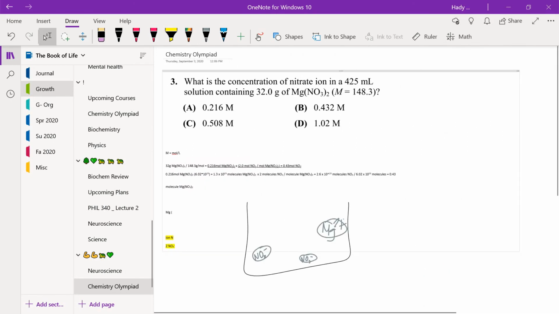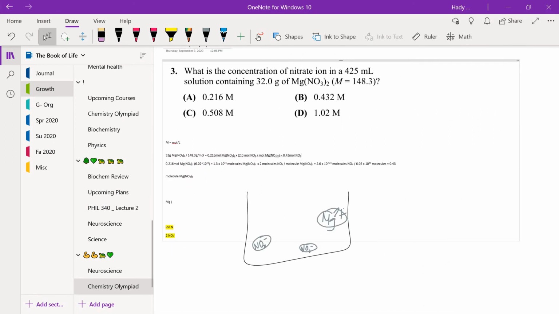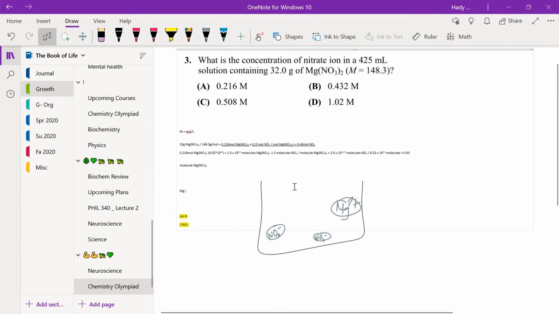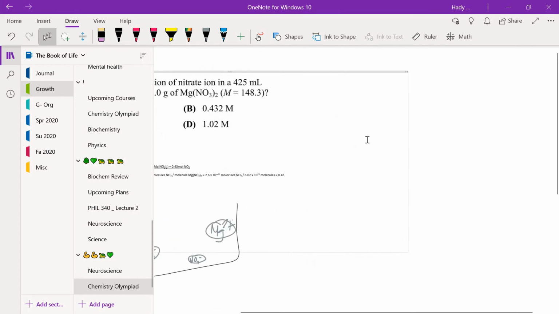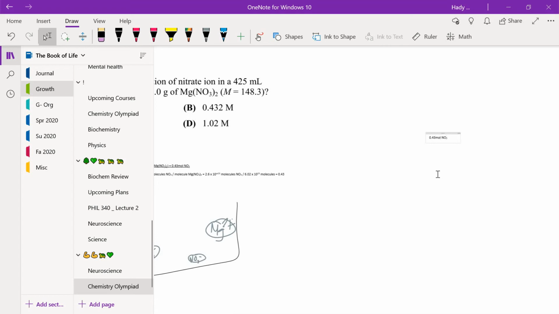and then you can say, okay, so you have 0.43 moles of NO3, and this is in 425 milliliters. And this is per 425 milliliters. But we want it in a density of moles per liter.